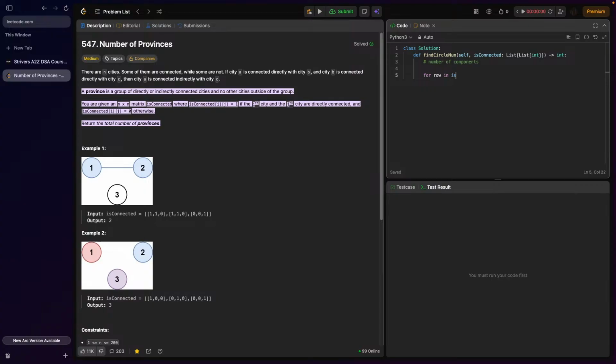For row in isConnected, and then for column in the row.